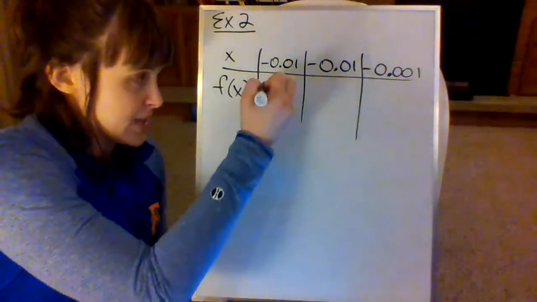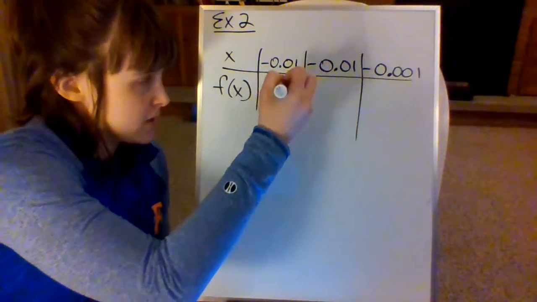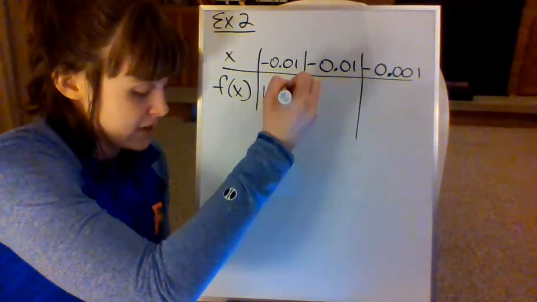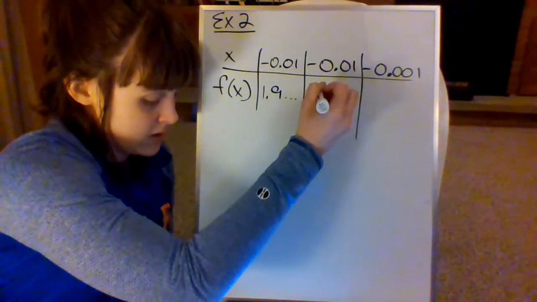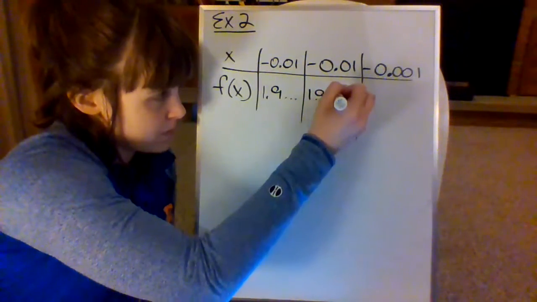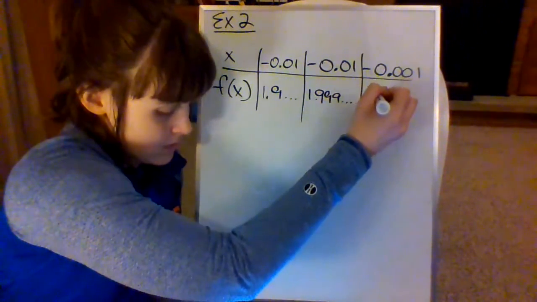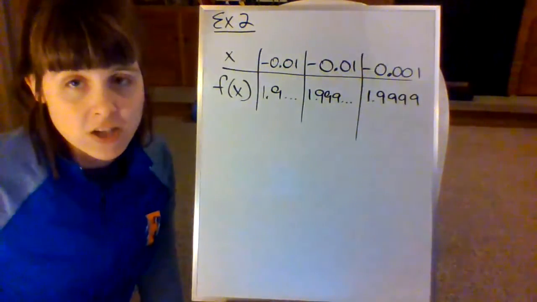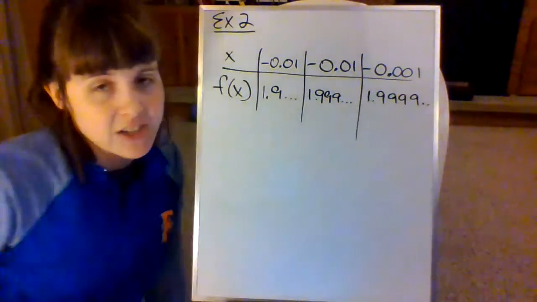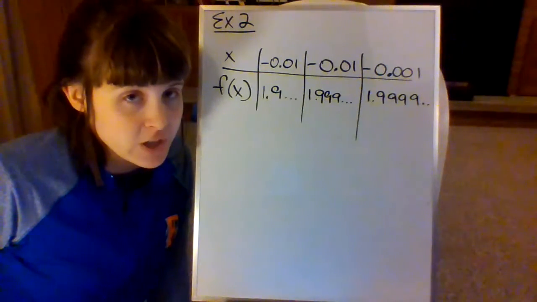And as you can see on your notes, it seems like it's getting closer and closer to 2. So from this side, it looks as if the limit is approaching 2.